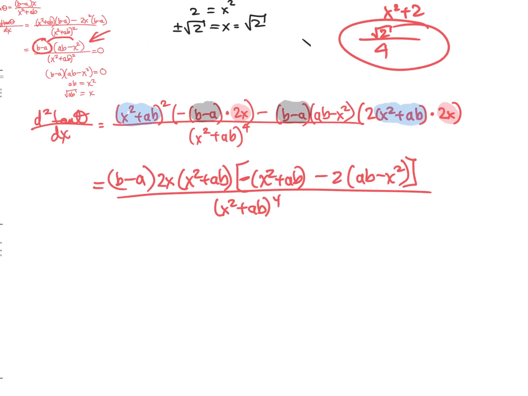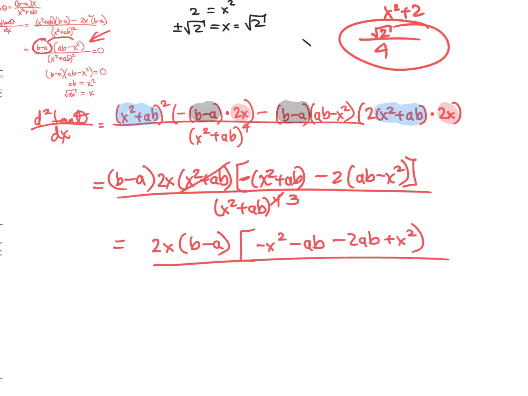So now we can cancel that out and leave a 3. So we're going to have 2x times B minus A. So negative x squared minus AB minus 2AB plus x squared all over x squared plus AB cubed.